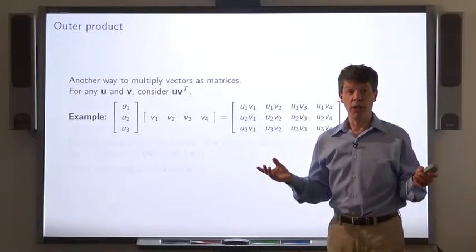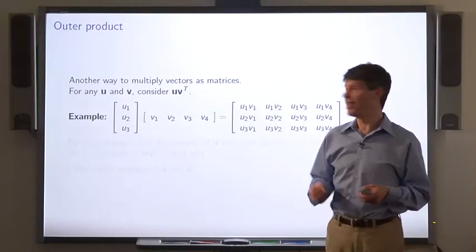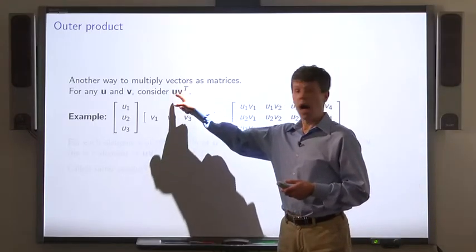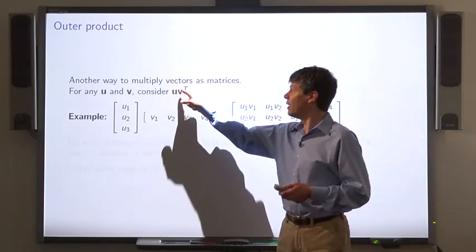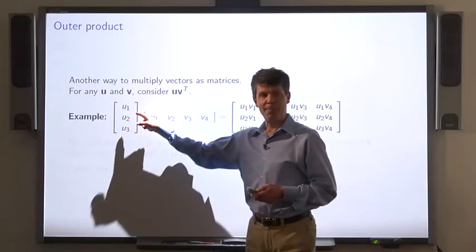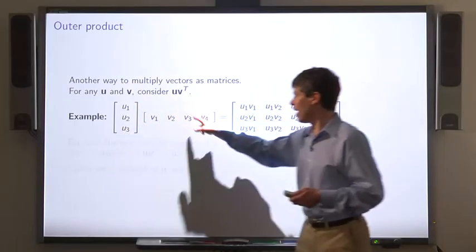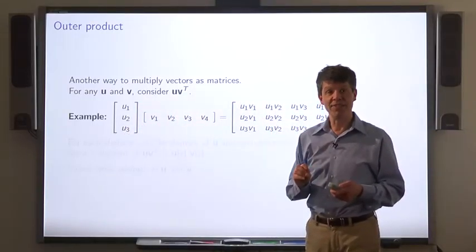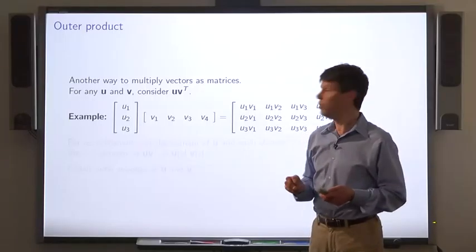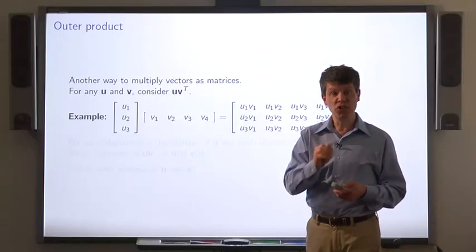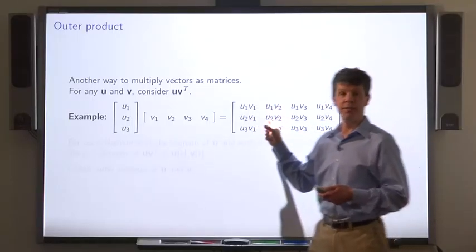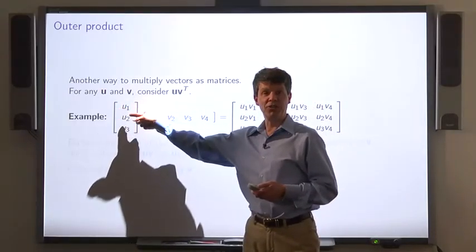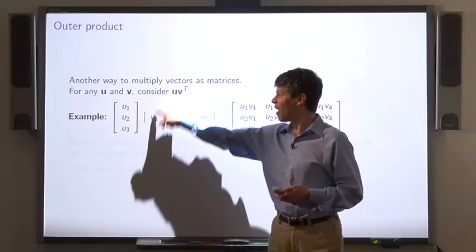Here's another way to multiply vectors interpreted as matrices. We take a column vector times a row vector. Here's an example. This column vector times this row vector. Using the dot product definition of matrix-matrix multiplication, the entry in the first row and first column of the product is the dot product of the first row of this matrix by the first column of this matrix.